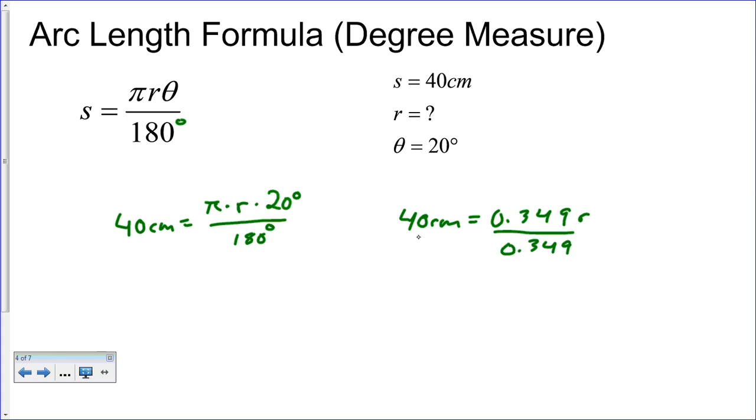I'm going to divide on both sides, and since I have my calculator here, and I have this without the rounding in it, I'm going to actually do 40 divided by my answer, so I don't have any rounding error, and this is 114.59. And it's my radius, and so I end up with centimeters. So that would be my answer.